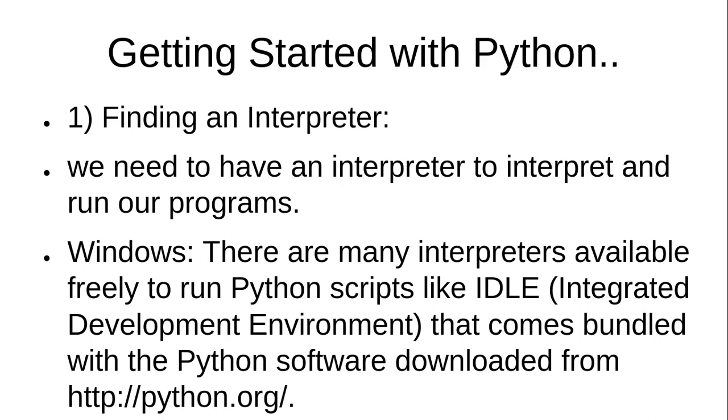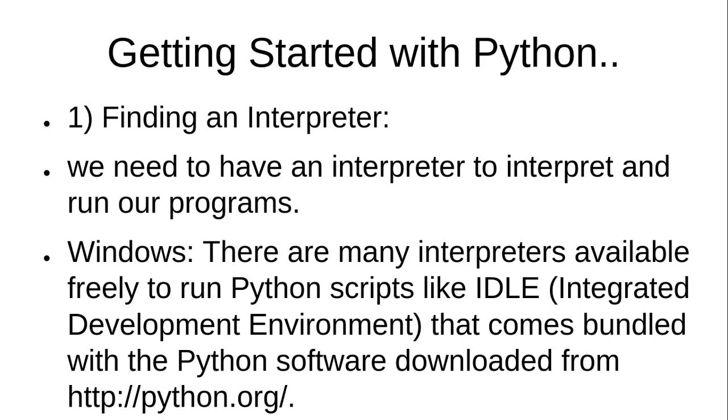If you're using Windows, there are many interpreters available freely to run Python scripts, like IDLE, the Integrated Development Environment, that comes bundled with the Python software downloaded from python.org. If you go on python.org, you can just select the version of Python that you want, the latest being Python 3 currently.